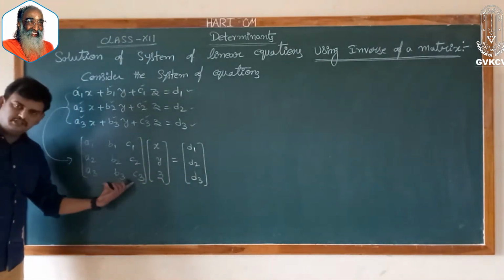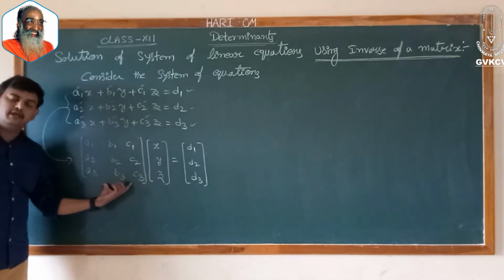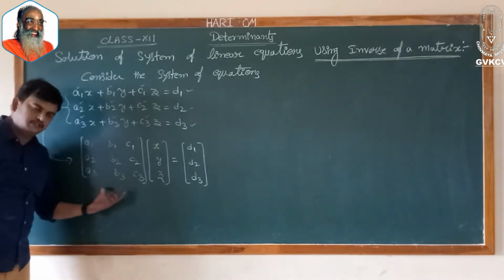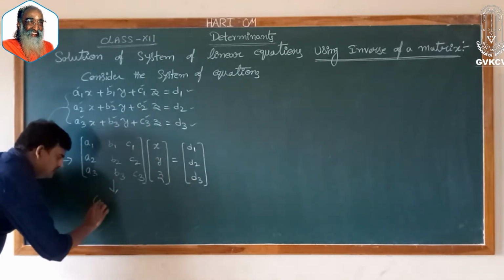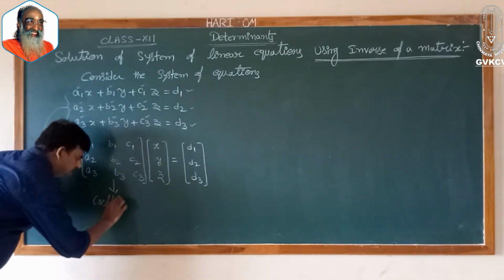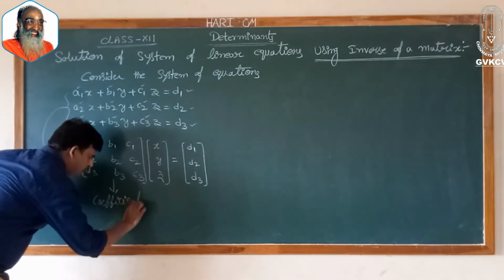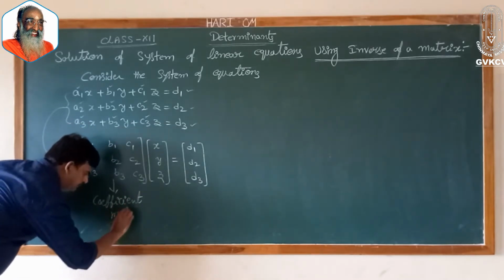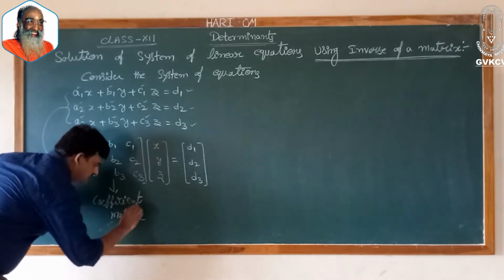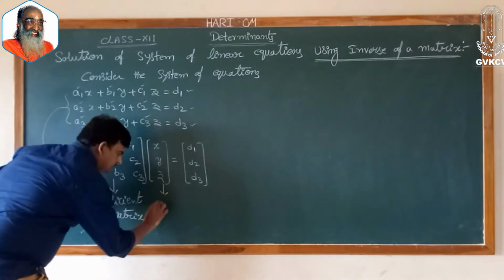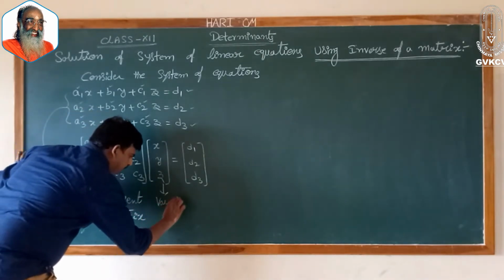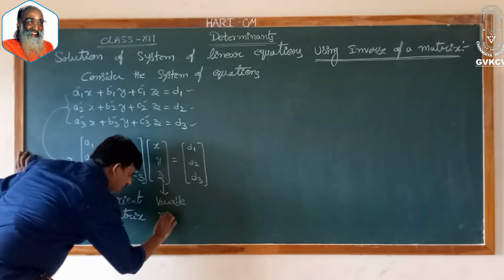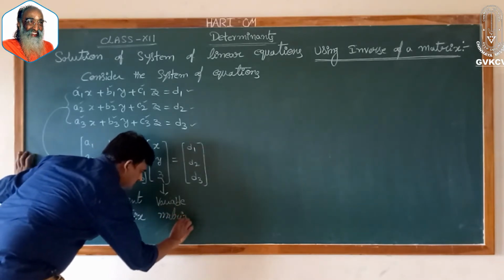Now when we observe this matrix, how did we form this matrix? By collecting the coefficients. That's why this matrix is named the coefficient matrix. Now this is called the variable matrix.